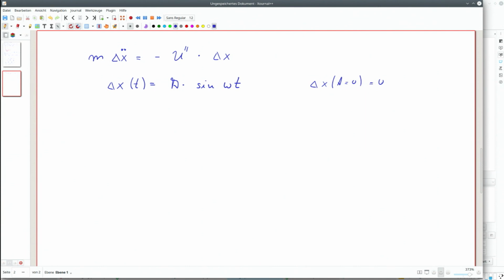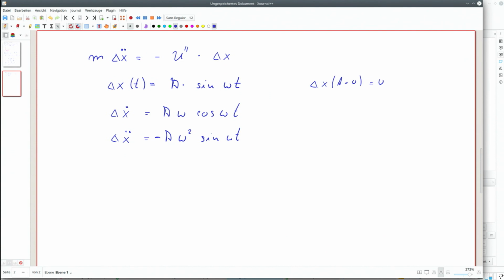So we take the second derivative. First derivative is A omega cosine omega t. Second derivative is A omega squared sine omega t with a minus sign.